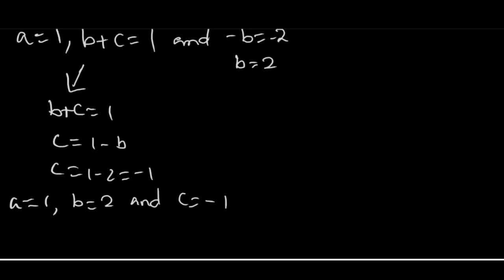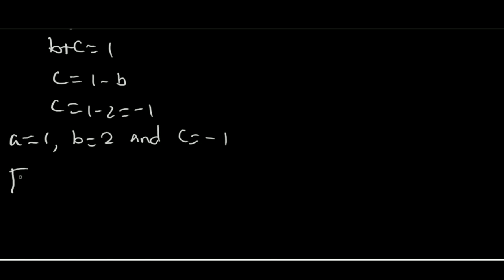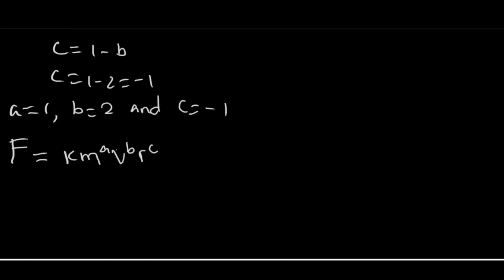Now from here, I'll go back to my equation, which is f equal to k, m to the power a, v to the power b, r to the power c. Then what I'm now going to do is substitute.